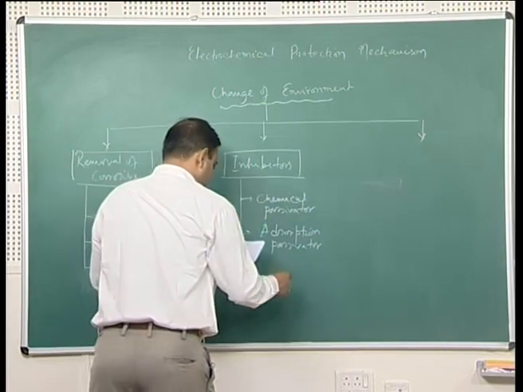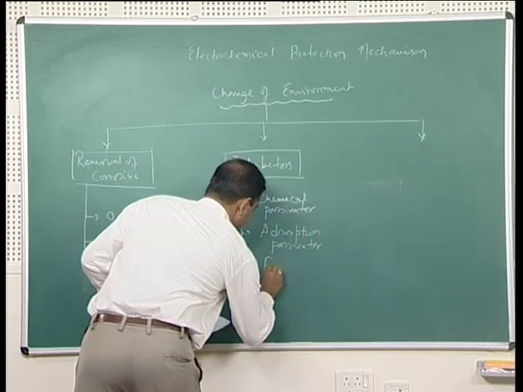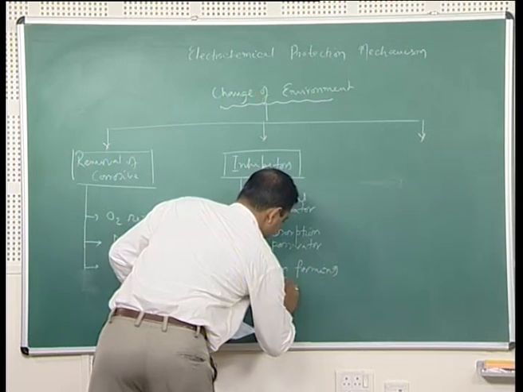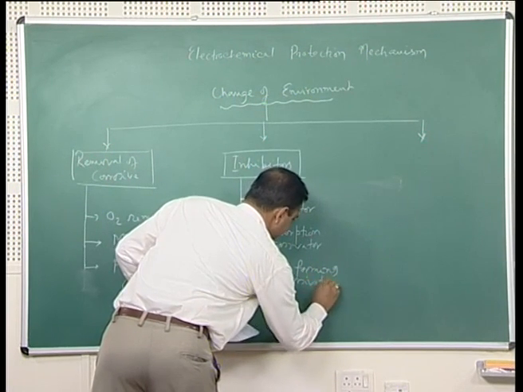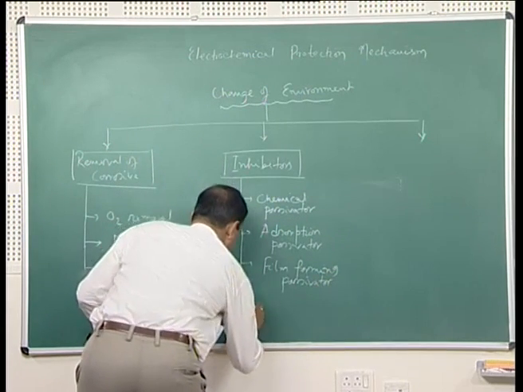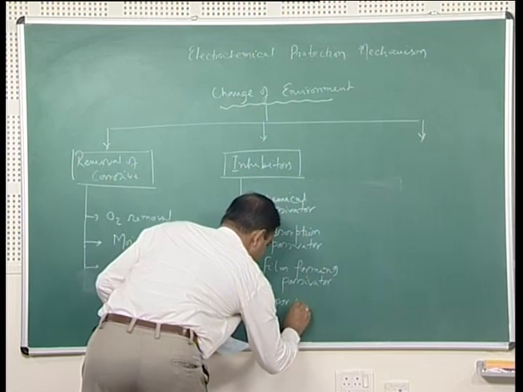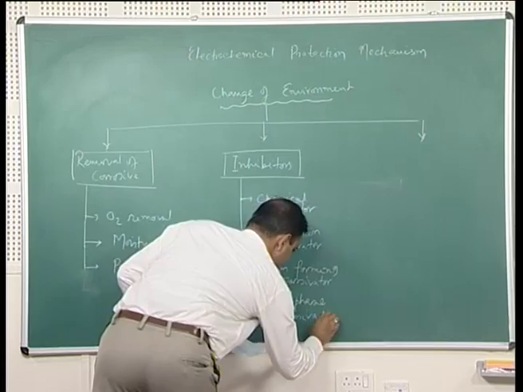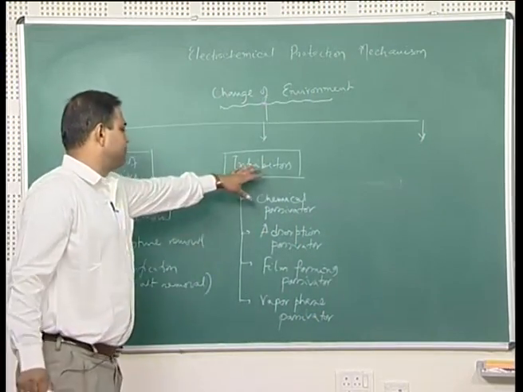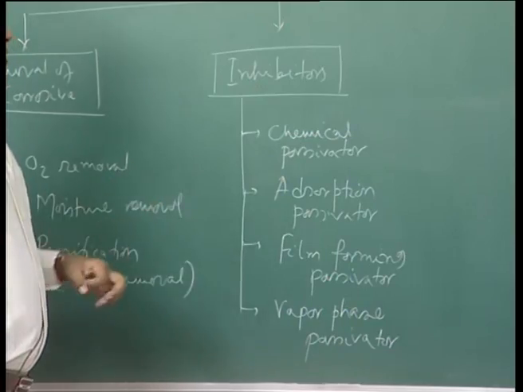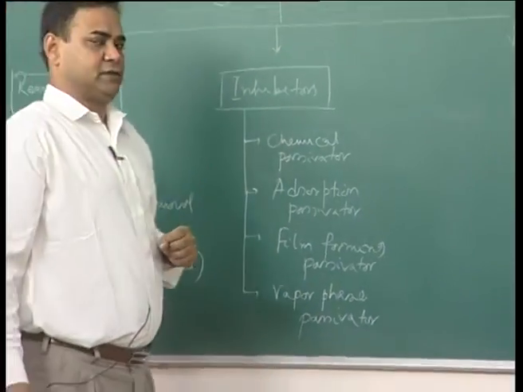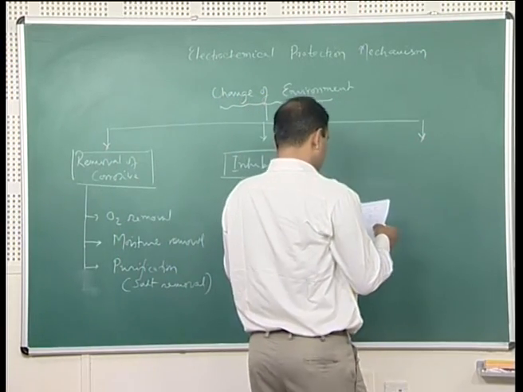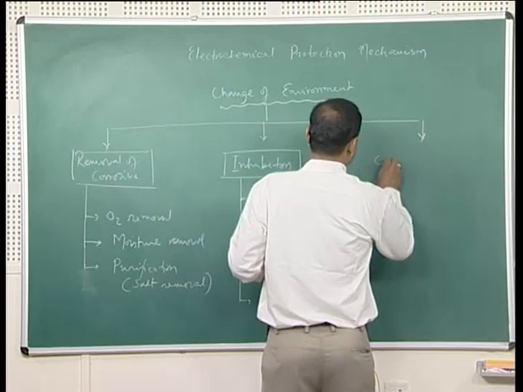You can also have film forming passivator, even you can have vapor phase passivator. So, four ways you can have some external inhibitors which can introduce passivation on the material, so that the corrosion rate will be reduced. Then you have change in operating variables.